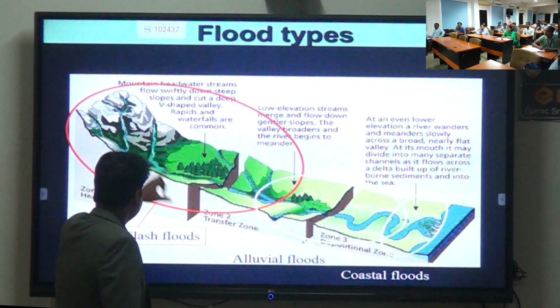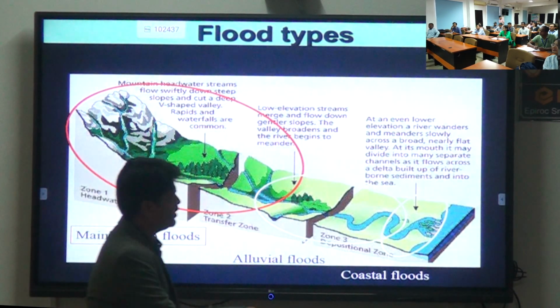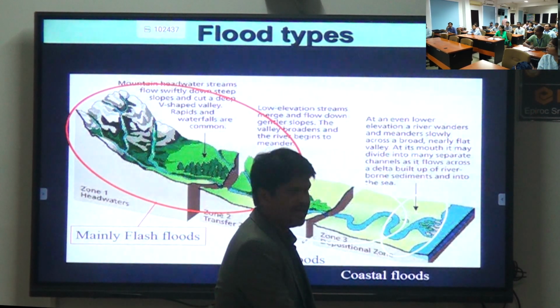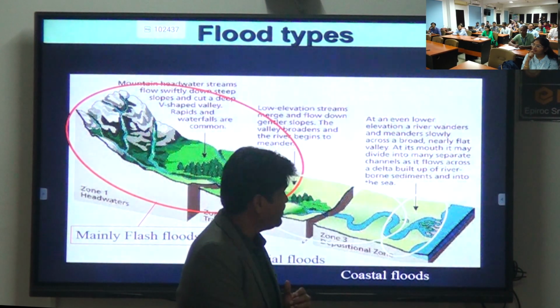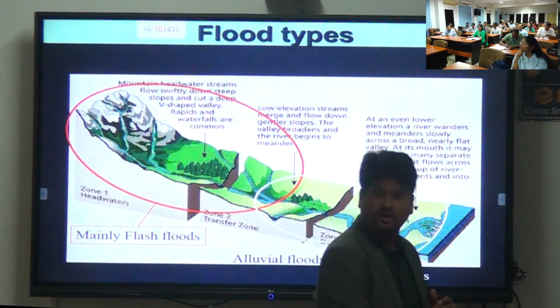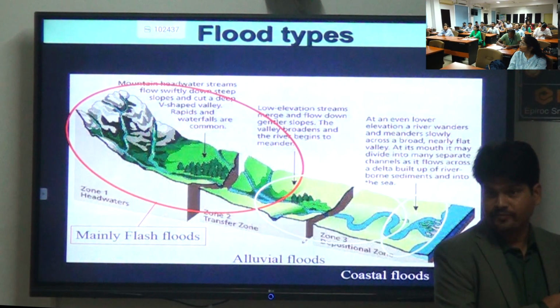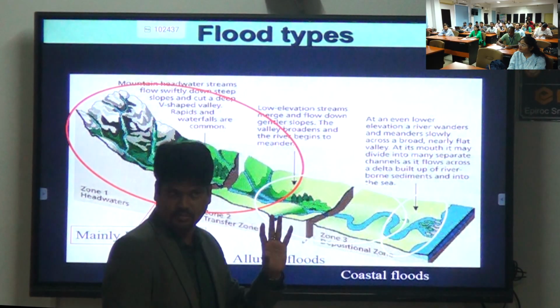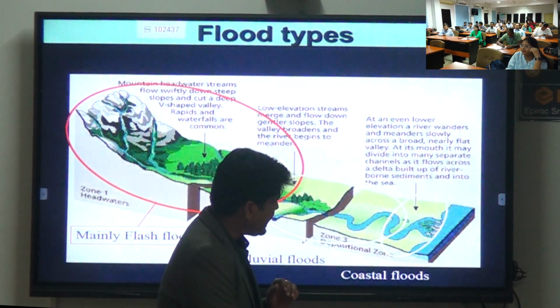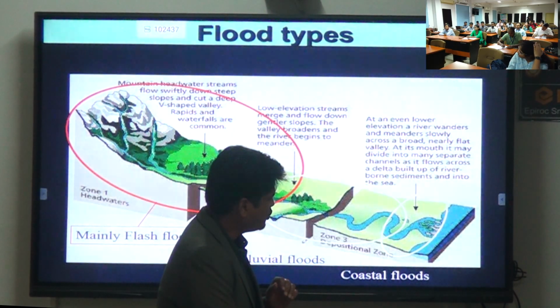This is the mountain area, and at the other end is the delta area, where the river meets the sea. This is where the river originates, for example the Ganga and Brahmaputra. The entire area is called zone 1, or headwater.